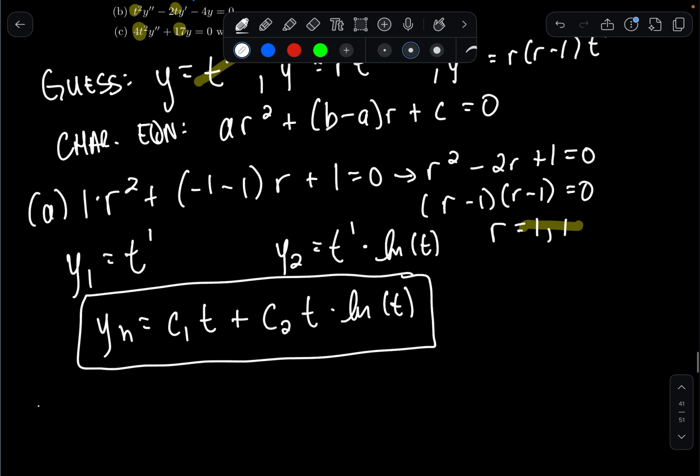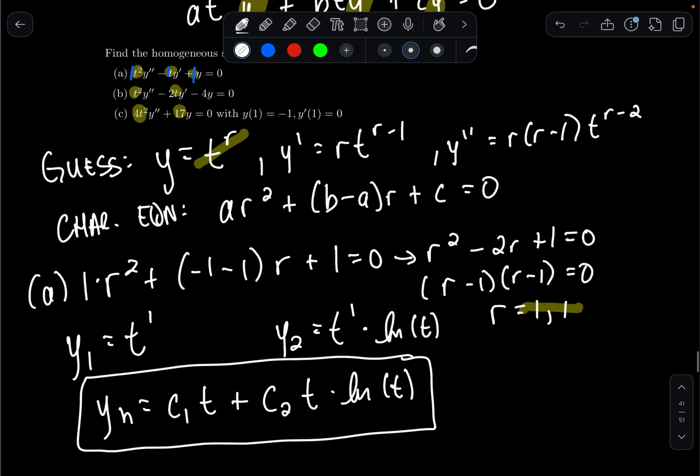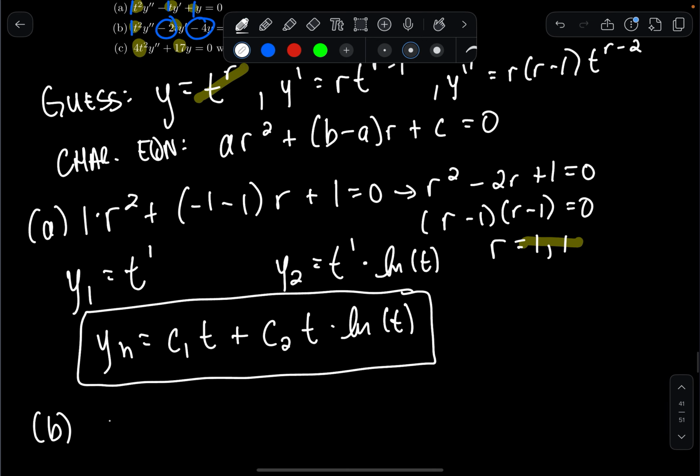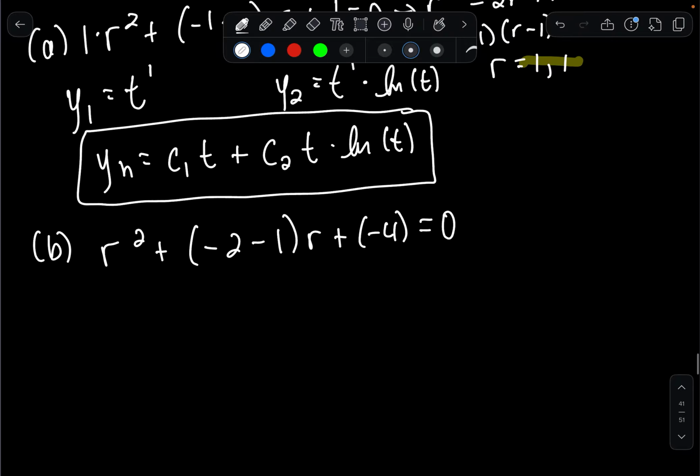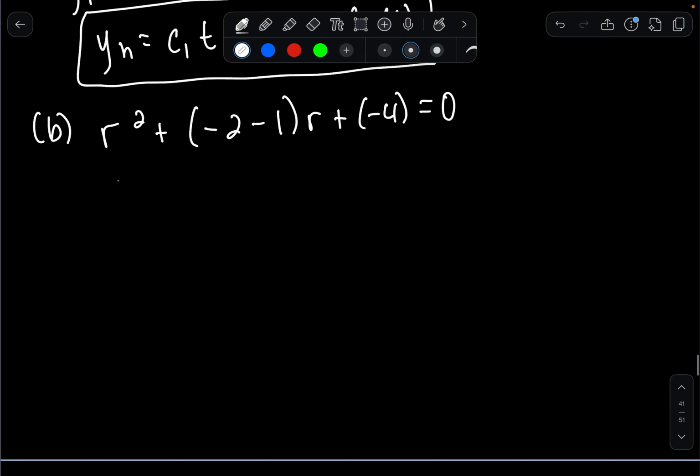So part B, up here, notice the A value is equal to 1, the B value is negative 2, and the C value is negative 4. So what we have here is r squared plus b minus a r plus c equals 0. There's our characteristic equation. And this simplifies. Let's see, r squared minus 3r minus 4 equals 0.